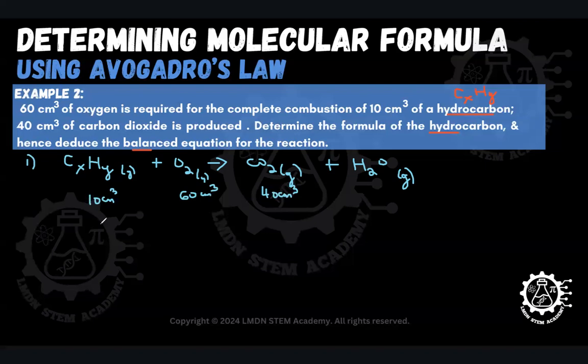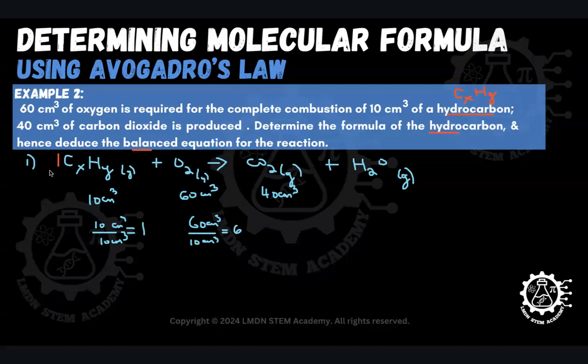So if we take 10 as our base and we divide every one of those volumes by 10, we can come up with our stoichiometry, or our number of moles. So that would be 1, right? We take that 1 that we just got and put that here. For oxygen, we do a similar thing. We're going to find the factor that connects that volume of oxygen to this base volume of 10, and so we'll see that we get 6.